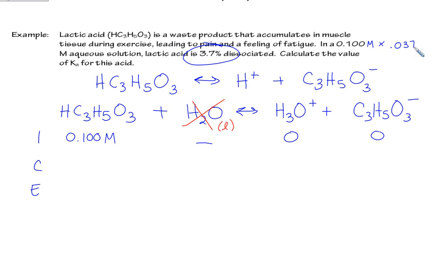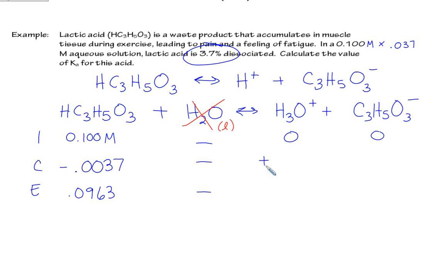So this guy's going to go down. It dissociates by 0.0037. So if I subtract, at equilibrium I'd have 0.0963. I don't care about the water, so we're going to scratch that.